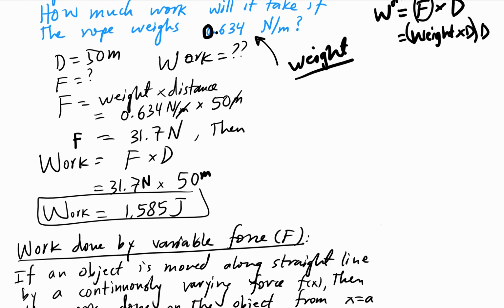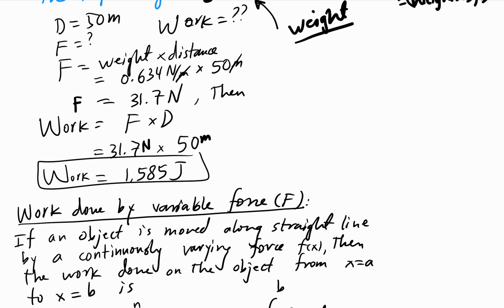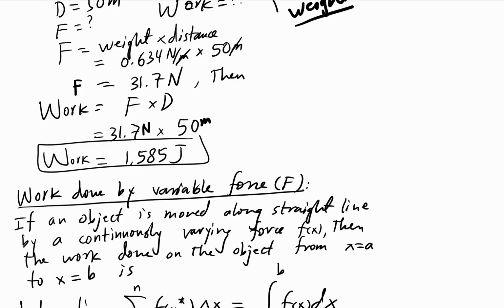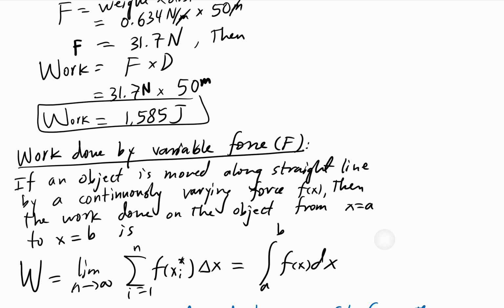So we say if an object is moved along a straight line by a continuously varying force, f of x, then the work done on the object from x equals a to x equals b is adding up all these forces, f of xi delta x, where the limit goes to infinity as we did in Calc 1, or in other words, is going to be the integral from a to b, because you're traveling on an object from a to b. So the object was here, then here, then here, but you're applying different forces. To sum up all these forces, you take the integral from a to b, f of x dx.